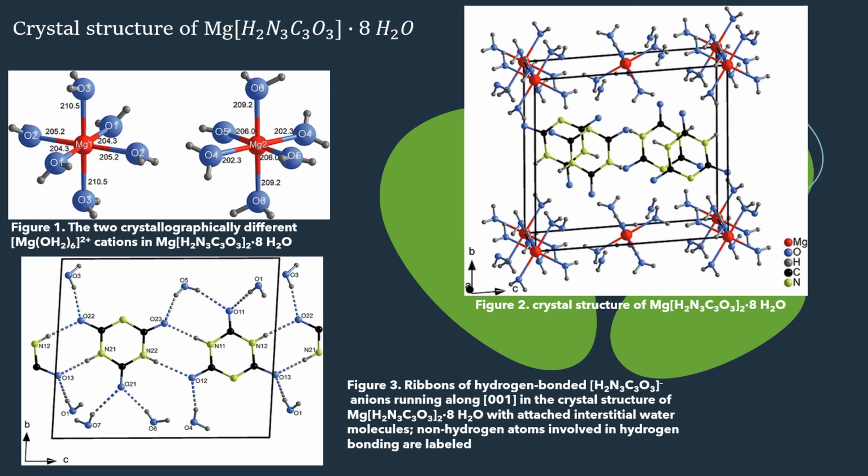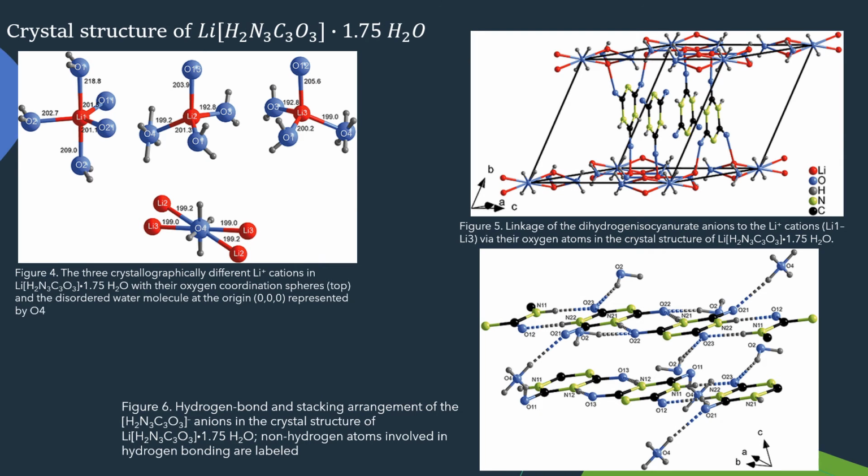The crystal structure of lithium cyanurate also shows hydrated lithium cations and infinite ribbons of hydrogen bonded dihydrogen isocyanurate anions, but unlike the magnesium compound, the isocyanurate units here are directly involved in the coordination spheres of the lithium cations.